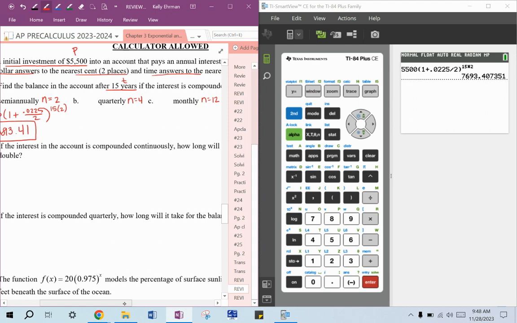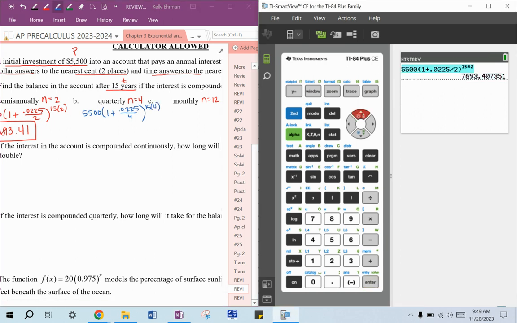All right, the only adjustment to the quarterly formula is now we're doing 5,500 times 1 plus 0.0225 over 4, raising it to the 15 times 4. So on my calculator, I can just grab this line and press enter, change that 2 to a 4, and change that 2 to a 4.